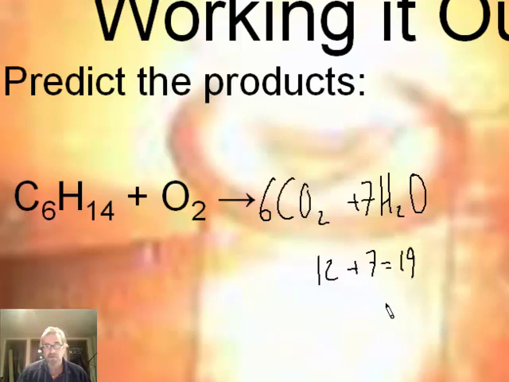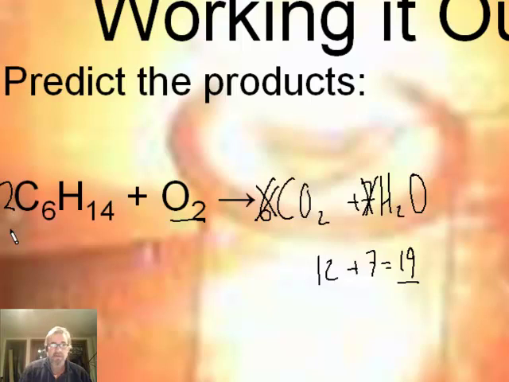About half the time when you balance these things, you're going to run into this dilemma. 19 is odd, but oxygen only comes in even numbers. So, as soon as you recognize that's happening, cross out the coefficients that you just put in there, and double the hydrocarbon that's burning here.